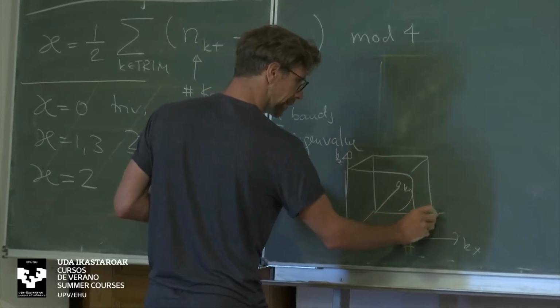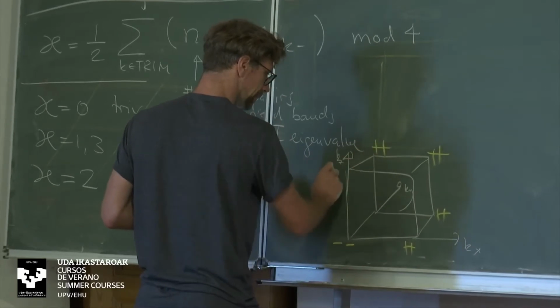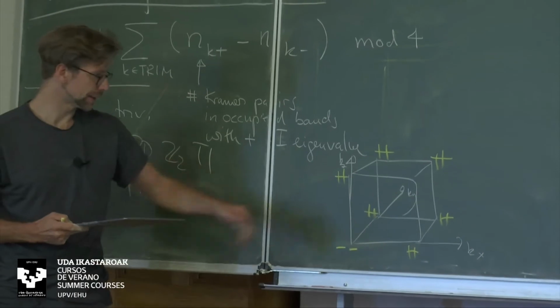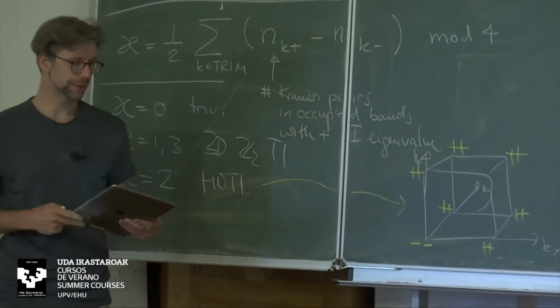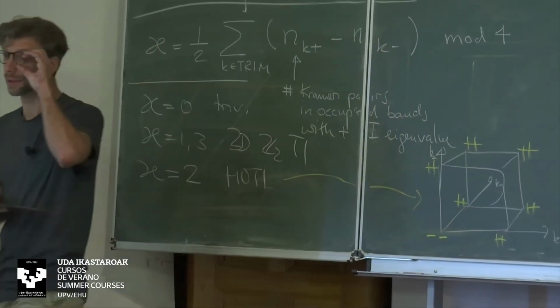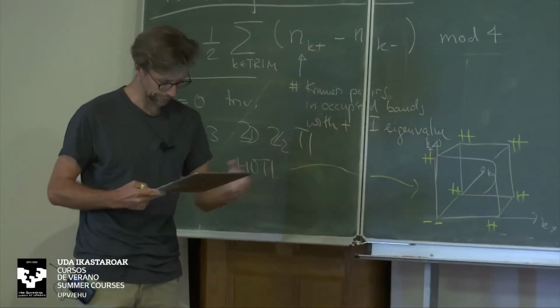Okay, let's say that's pi, plus, plus. Everywhere else you have plus, plus. So this would be a situation that I'm interested in. Yeah, you have two band inversions. If these are 2 Kramers pairs that are occupied, you have 2 minus 1 inversion eigenvalues at one TRIM, and the others are all plus, for instance.